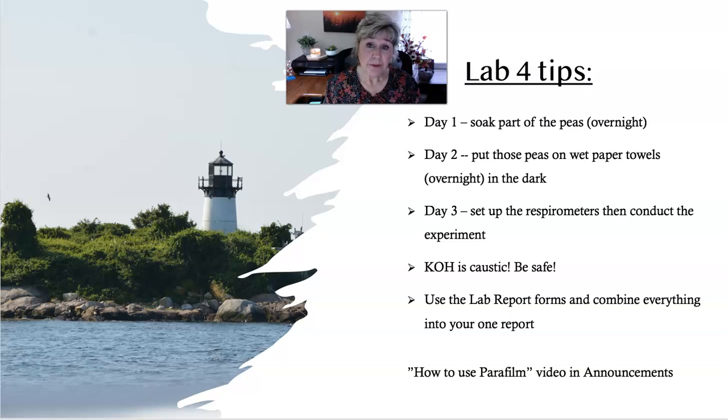However, we are putting potassium hydroxide on some cotton inside the respirometer, and the potassium hydroxide will bind with and precipitate the carbon dioxide. So any movement in the gas volume in the pipette that you have will be an indication of how much oxygen is being used by the germinated peas, by the ungerminated peas, and by the plastic beads that you are going to be setting up in your respirometers.